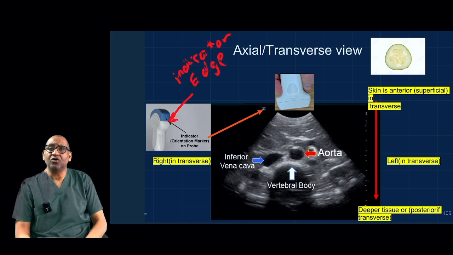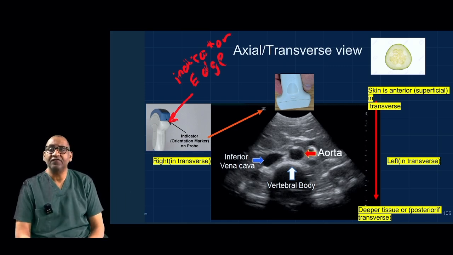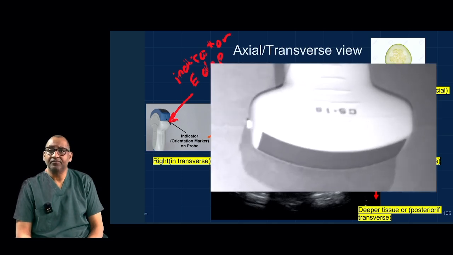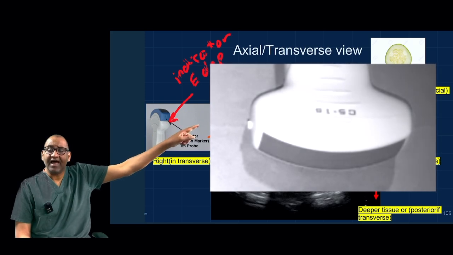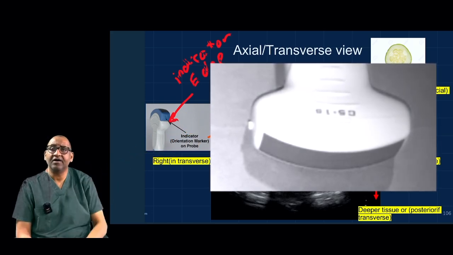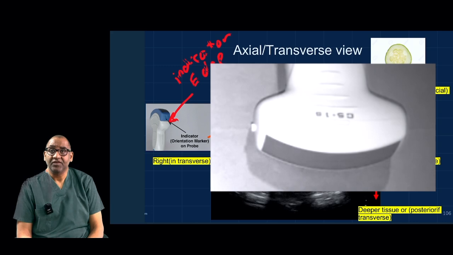The majority of the time it's on your left hand side, especially when you are viewing the abdomen, and it can be on the right hand side if you are using the echo to visualize the heart.